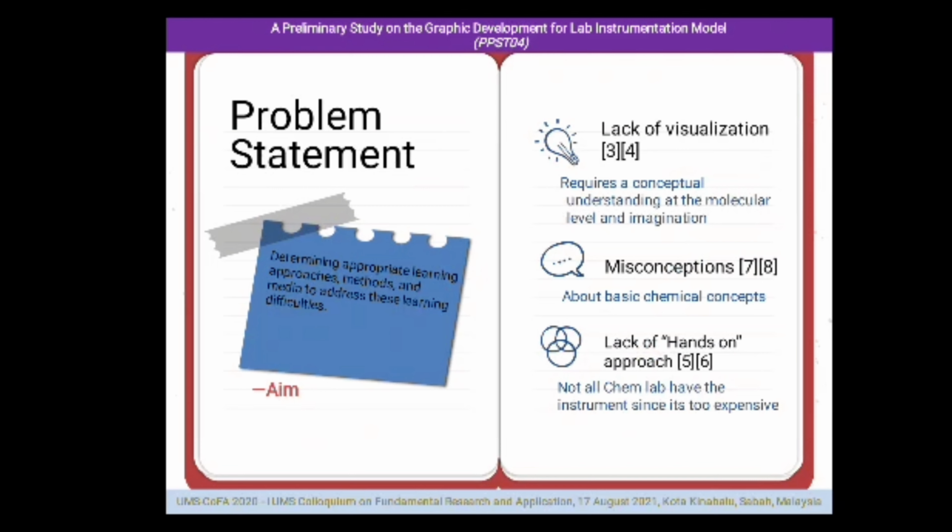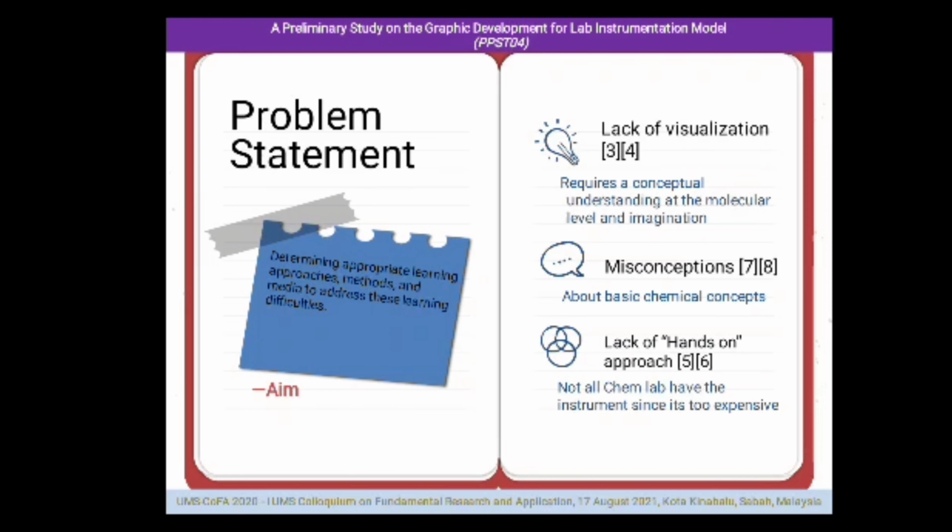This one is regarding basic chemical concepts, where they cannot integrate the knowledge and understanding from the instrumentation with the basic concepts of chemistry. The third one is the lack of a hands-on approach, because not all chemistry labs have the instrument, since it is too expensive.